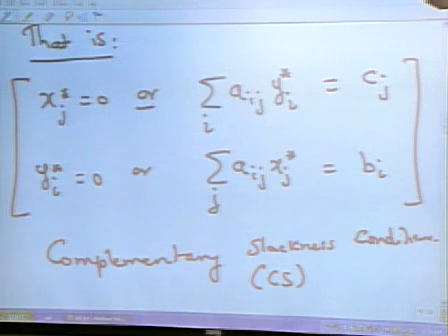Similarly, either you have yi star equal to 0, or the corresponding primal constraint must be satisfied as an equation. These are called complementary slackness conditions. What we've just shown is that if strong duality holds, then the CS conditions must be satisfied. So if you take any pair of primal dual feasible solutions with the same objective value, then these conditions have to be true of those solutions.